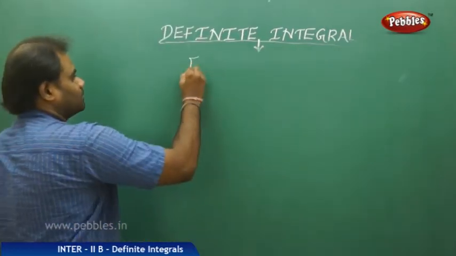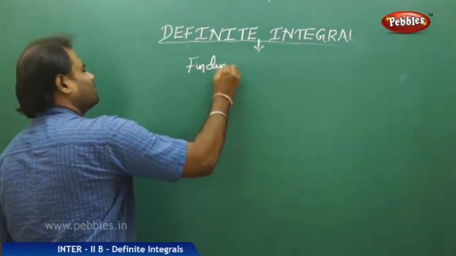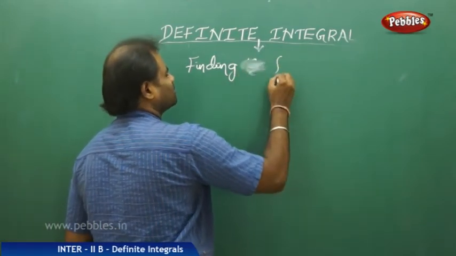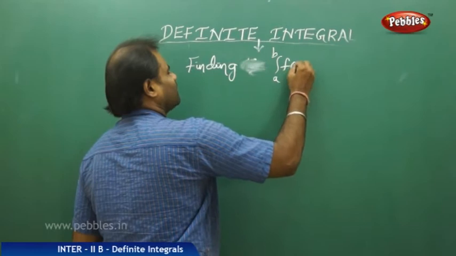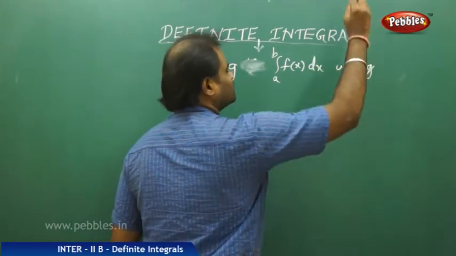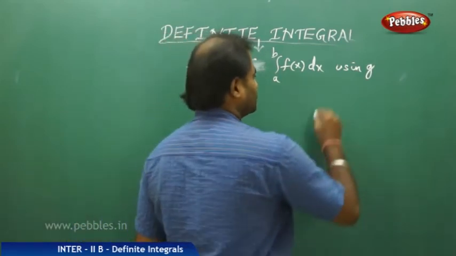So let's find the integral from a to b of f of x dx using the limit of a sum, or the Riemann sum.